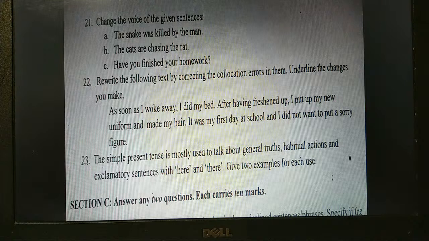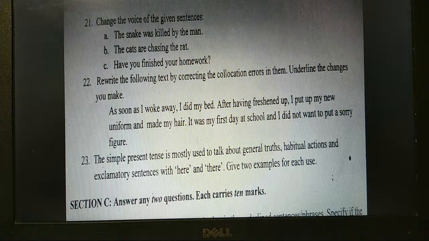Look at the question. The simple present tense is mostly used to talk about general truths, habitual actions, and exclamatory sentences with here and there. Give two examples for each use. So remember, this sentence is very, very important. Maybe there is some confusion there.